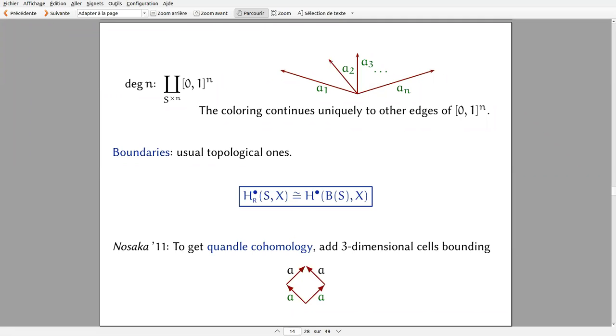So this construction is very useful, for example, for understanding the algebraic structure of this cohomology. For example, you can say that, well, it's the cohomology of a CW complex, so it will have a cup product, which will certainly imply a cup product on the rack cohomology, which you can also do explicitly. But this is not very helpful in actually computing the cohomology.